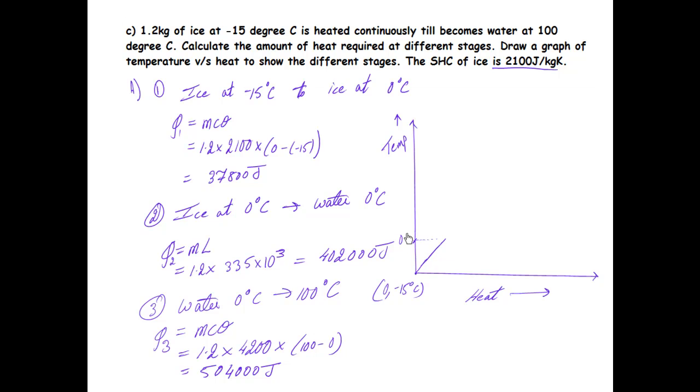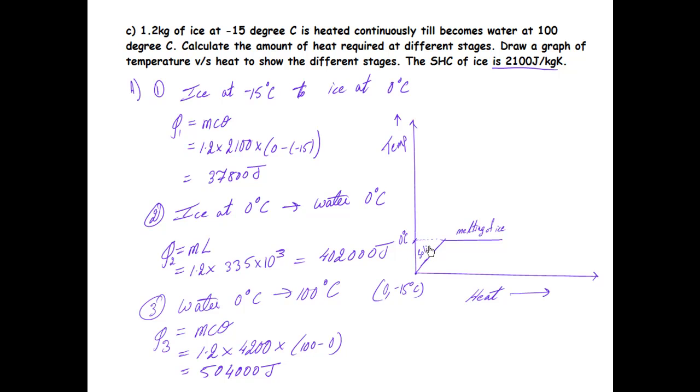So this is 0 degrees Celsius, and now the ice will start melting. So the ice starts melting and absorbs some more heat, and in that case there is no change in temperature.